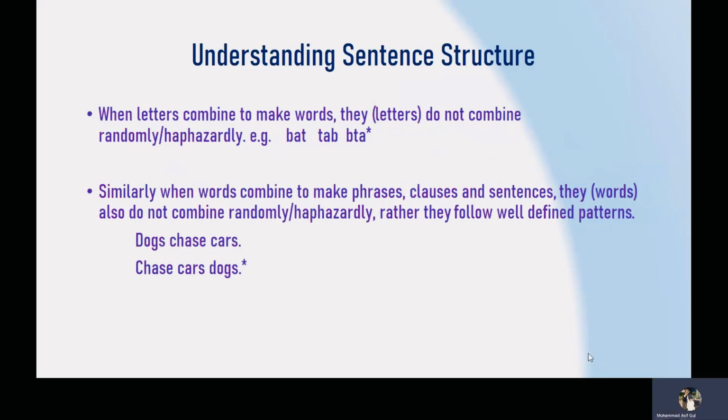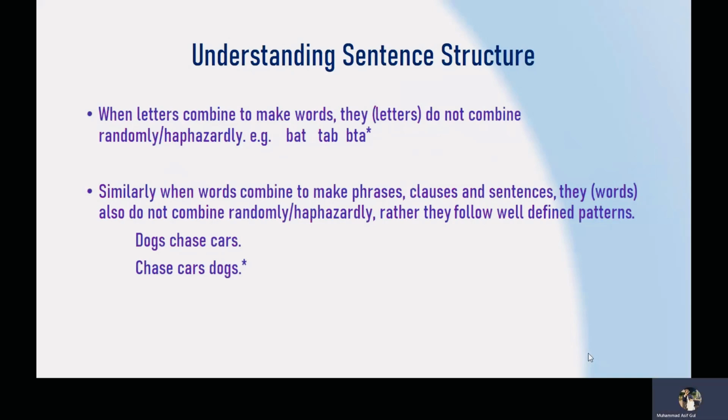And these well-defined patterns are commonly known as structures, or we can say sentence structures, which we will be talking about today. For example, we can have this combination of these three words, dogs chase cars. But we cannot have this combination, chase cars, dogs. This is not permitted in English language.